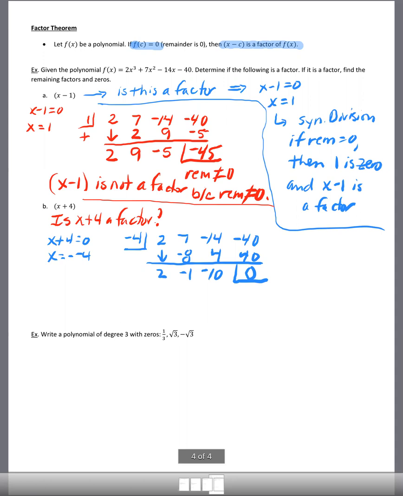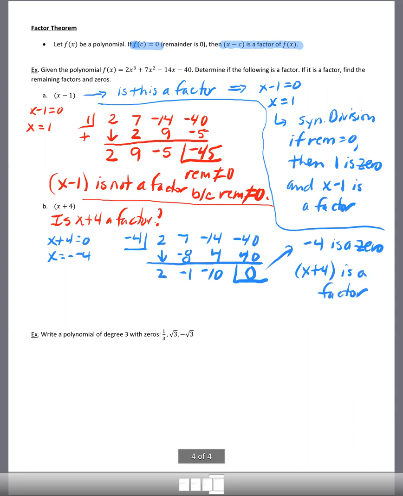What that tells us then, right here, is that negative 4, the number I was using as a divisor, we call it a 0 now. We also found out that where negative 4 came from was x plus 4. And now that the variable's been written in relation to our 0, x plus 4 is a factor.